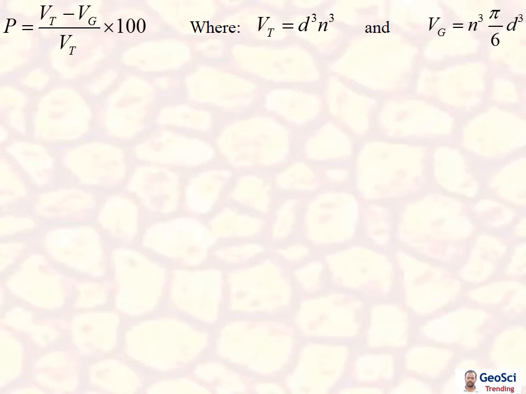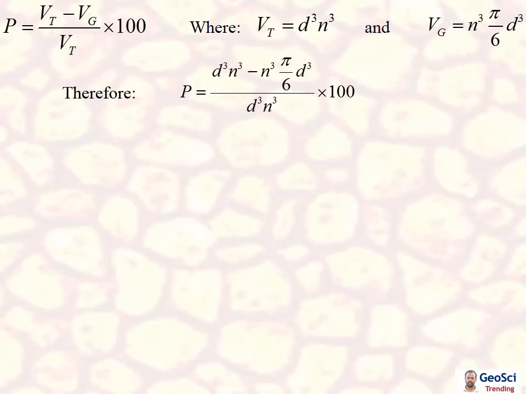P equal to Vt minus Vg by Vt into 100. Now Vt equal to D cubed N cubed and Vg equal to N cubed into pi by 6 into D cubed. Therefore, we substitute: P equal to D cubed N cubed minus N cubed into pi by 6 into D cubed, by D cubed N cubed, into 100.